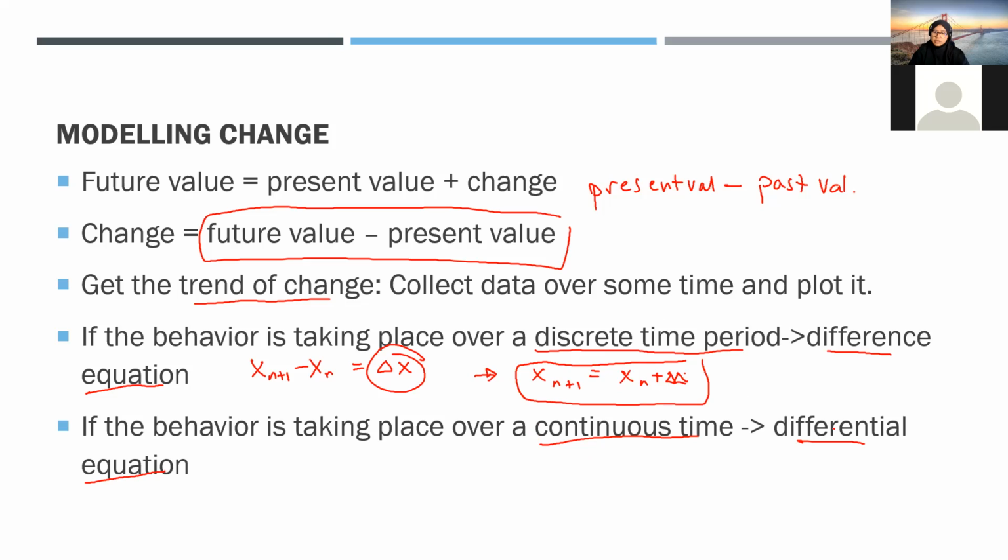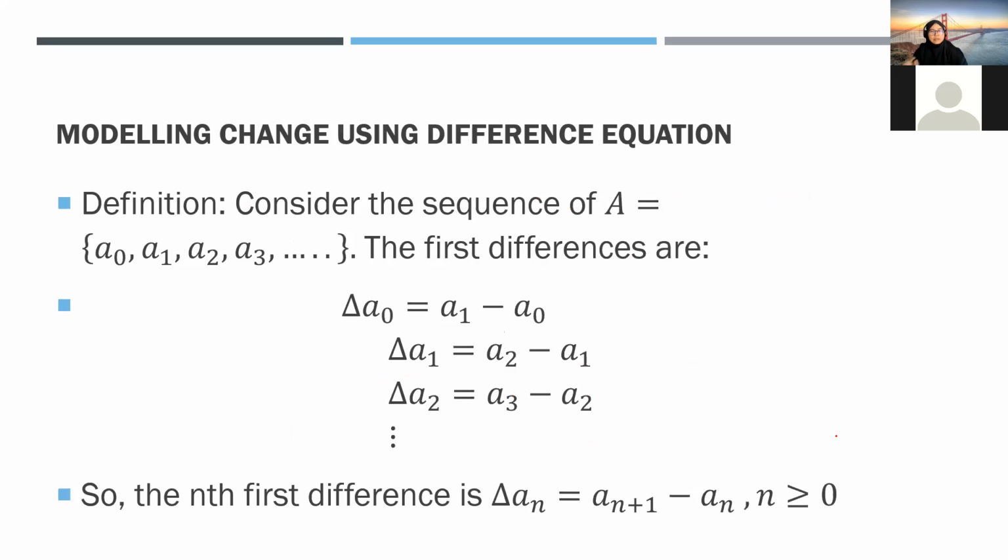Differential equations are what we are going to learn in the next half of the course. But first of all, we are using difference equations. Let's see some definitions. Consider the sequence A0, A1, A2, A3, and then until AN. The first difference is A1 minus A0. So this is these two.